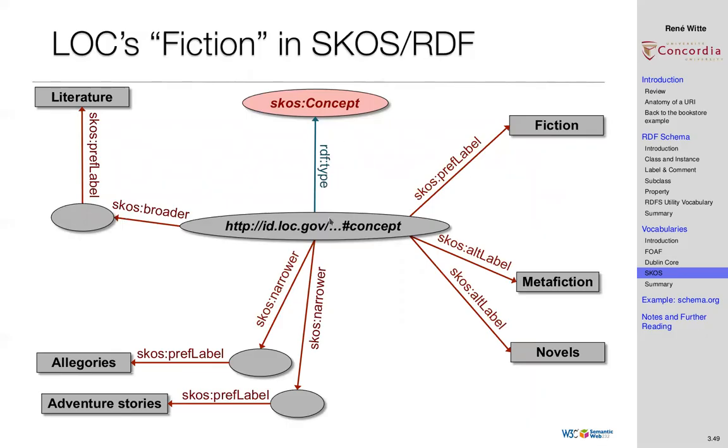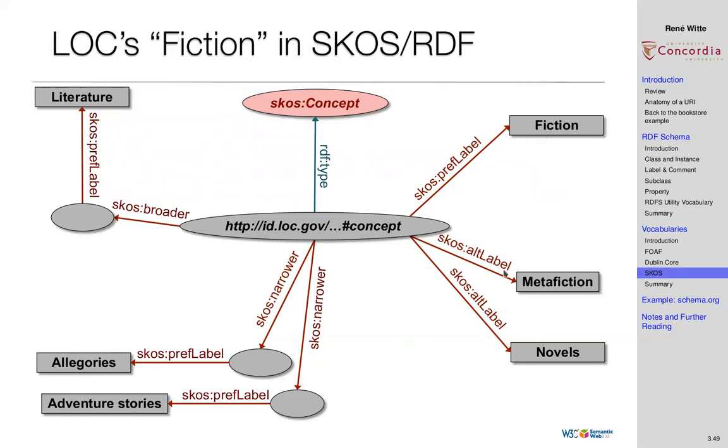So for example, going back to the Library of Congress concept for fiction, first you can see that this is of type SKOS concept. So this is how it connects with this SKOS vocabulary. Let's start on this side. We have the concept, and this is the concept for fiction. We have the alternative labels.